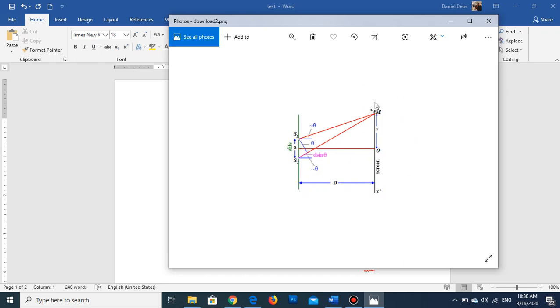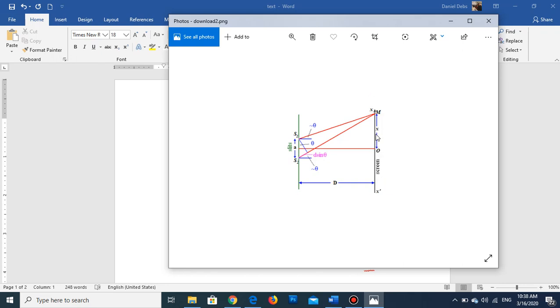And now the important point, which we will use later, is this axis, x prime O x. O is the origin of this axis, but it is placed at the point where the perpendicular bisector of S1, S2 meets the screen.